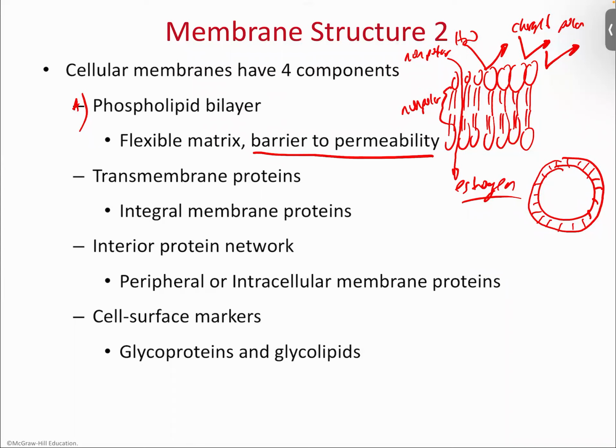So if we just leave it like this, with just this lipid bilayer, what have we built for ourselves? It's like if we were to build a house of all wall: solid wall, ceiling, floor, all wall. If we do that, what have we made for ourselves?